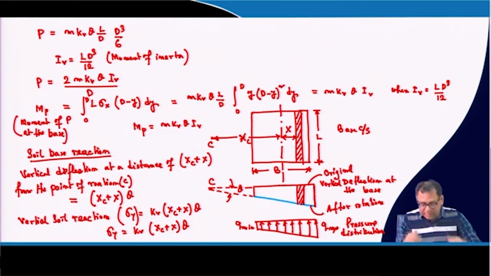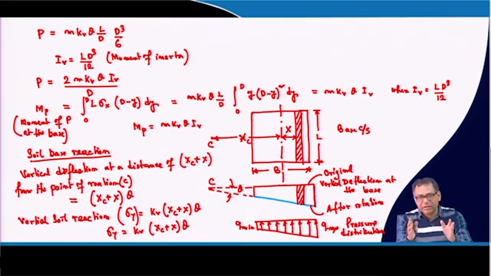we have a vertical soil reaction sigma y, and now if I want to take the moment that is generated at the base of the well, and we are taking it from the center, at a small segment the stress is sigma y.